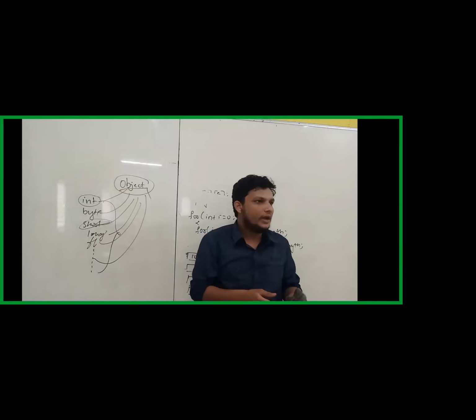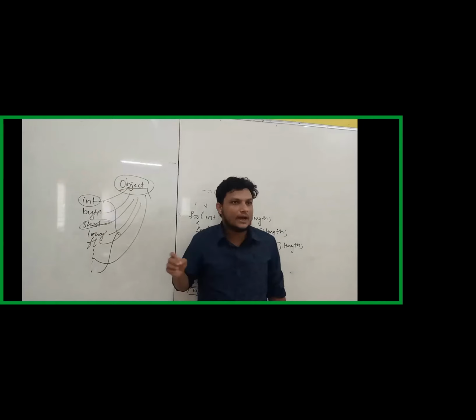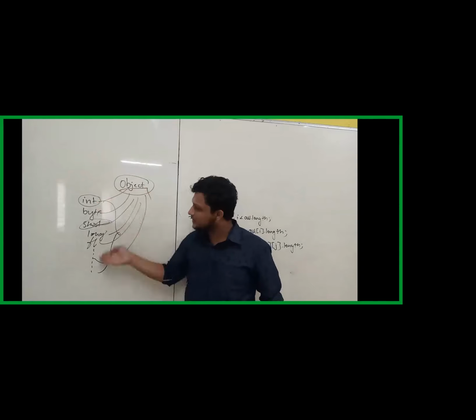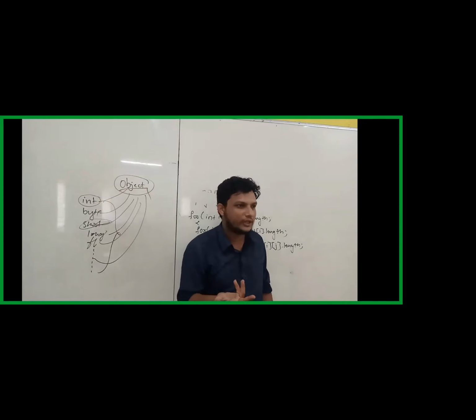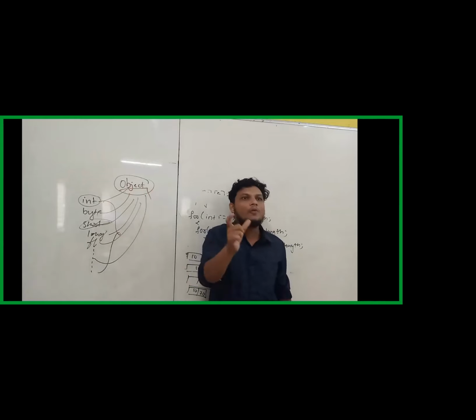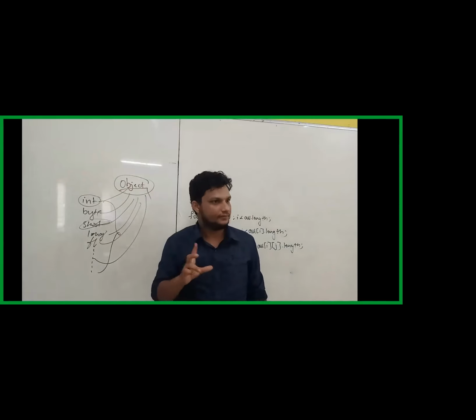It is storing the same type of data, that is Object type. Then it is homogeneous data only. Since all of these are inside Object, if I store all of this inside it, it is homogeneous. So hence, it is a collection of homogeneous type of data. You should never change that.